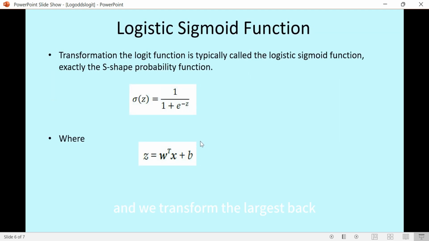And if we transform the logit back, we get the probability.